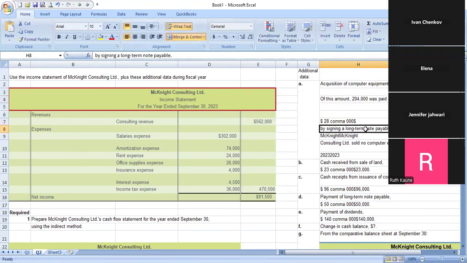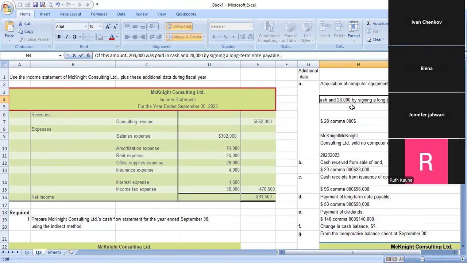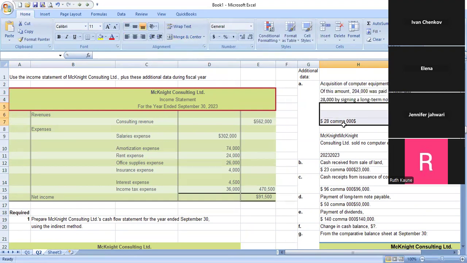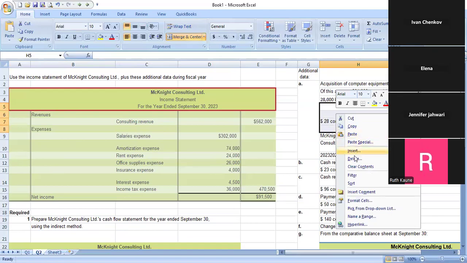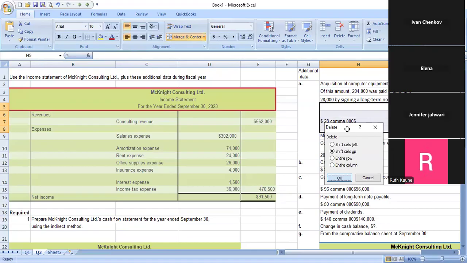For the remaining, they signed a long-term note payable, which always helps a lot when they give you that much information about the question, so you don't have to worry about how much exactly was bonds payable. So what we have to be careful about here is to identify which one is the cash item and which one is not a cash item.